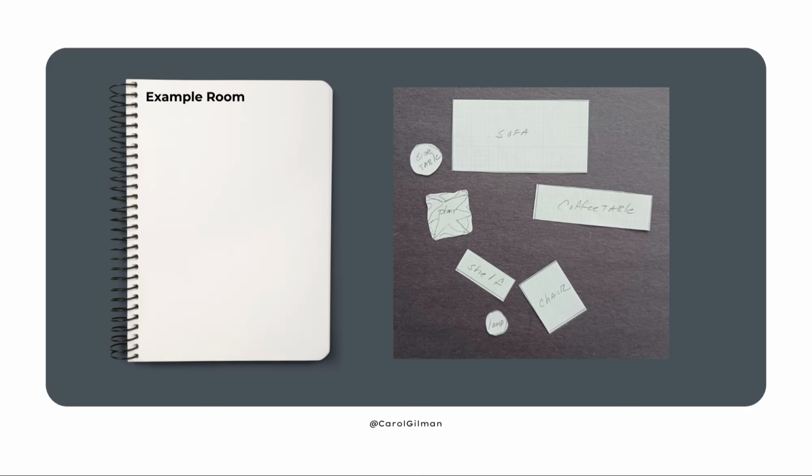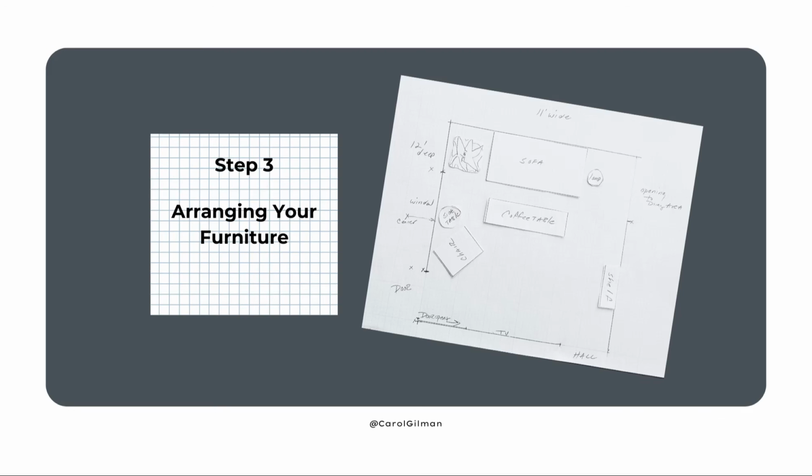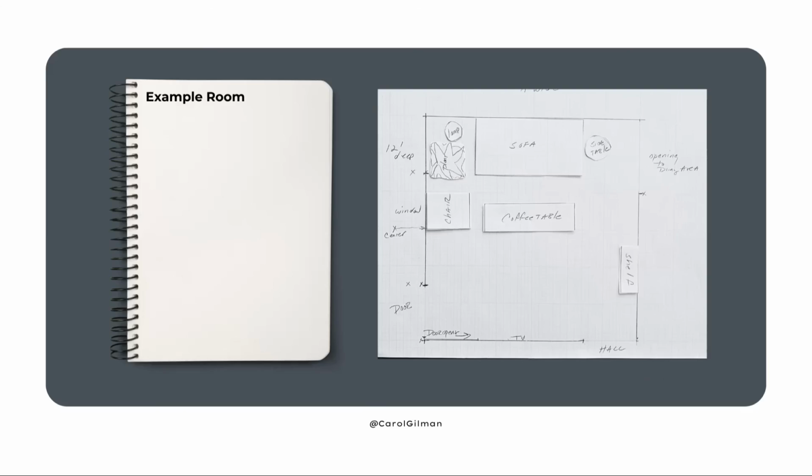Then the next thing to do is cut out each piece of your furniture. And then the final step is for you to have fun arranging the furniture on your floor plan and trying out different furniture layouts.